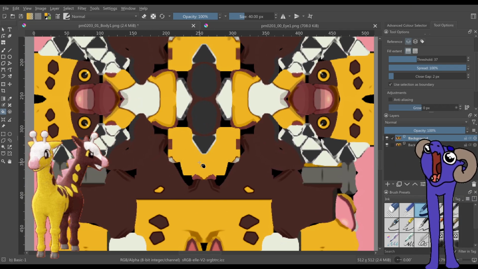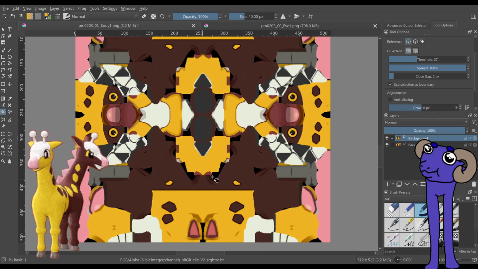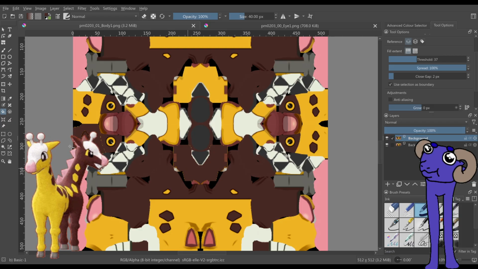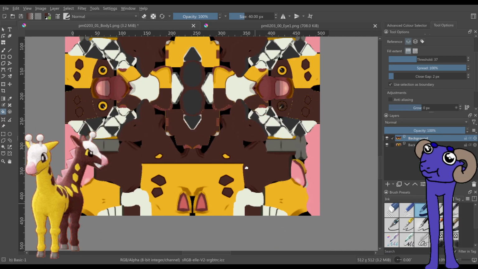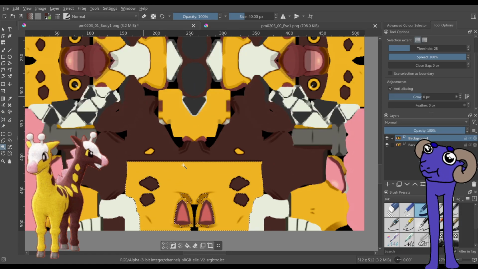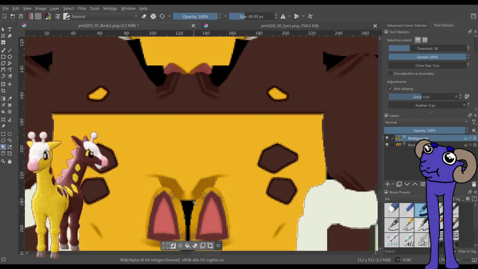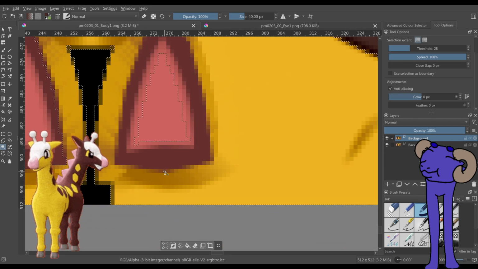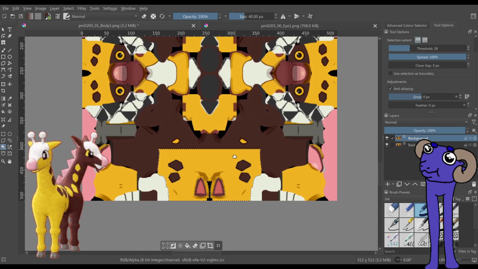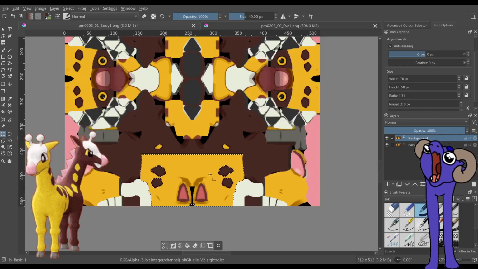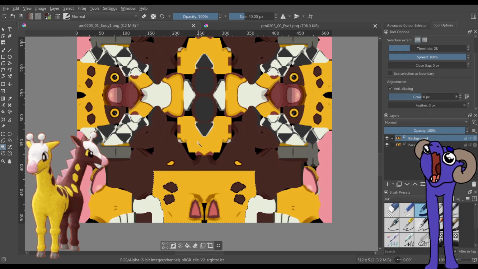So what I could do is just do that. So if we grab this, and in fact I think I will select around the ears because I think it'll be fine, because those are a very different colour, so it shouldn't get filled in.